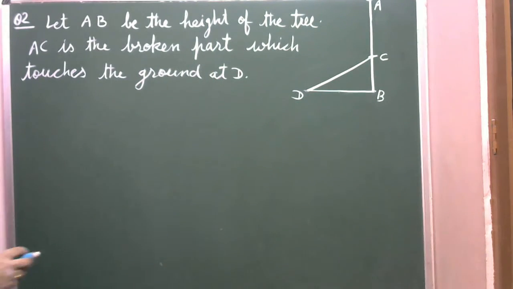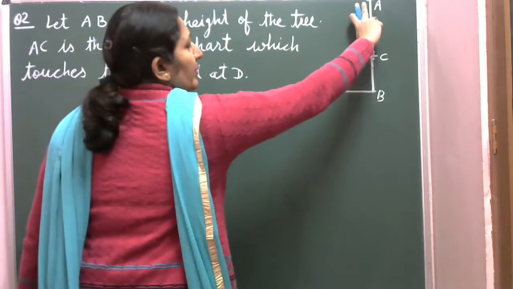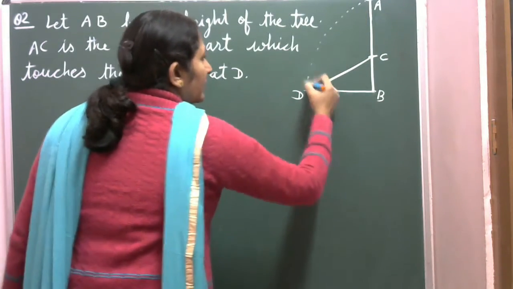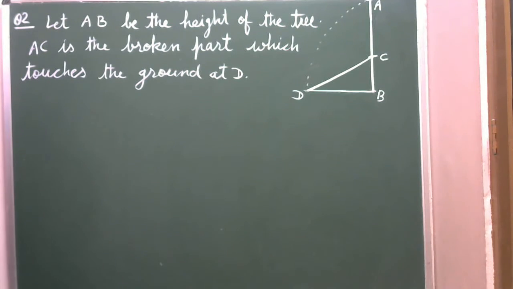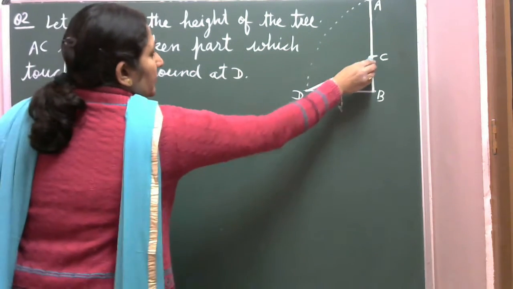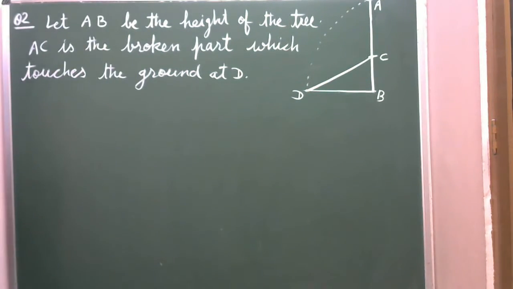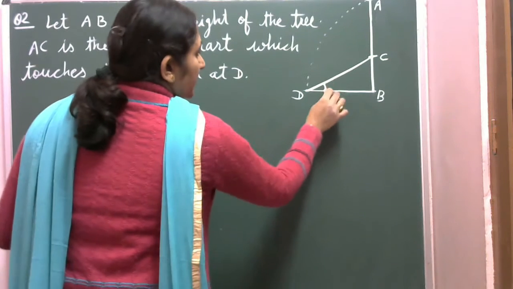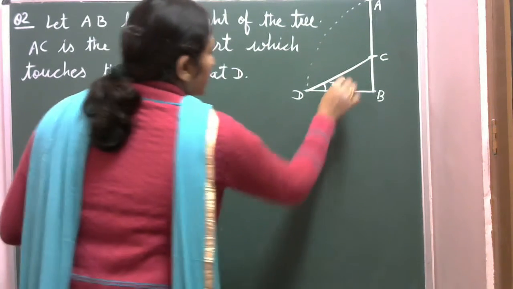Let AB be the height of the tree and AC is the broken part, and when it falls down, this point A will coincide with D. So let D be the point where this part touches the ground, and the angle you are given is 30 degrees. The top touches the ground and this angle is 30 degrees.